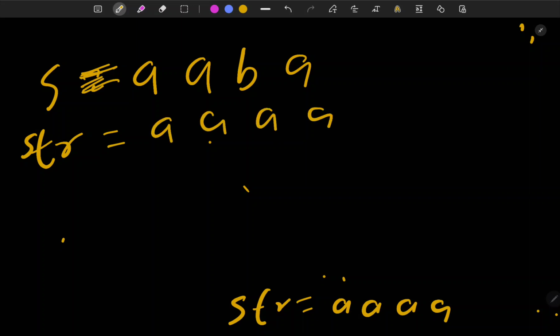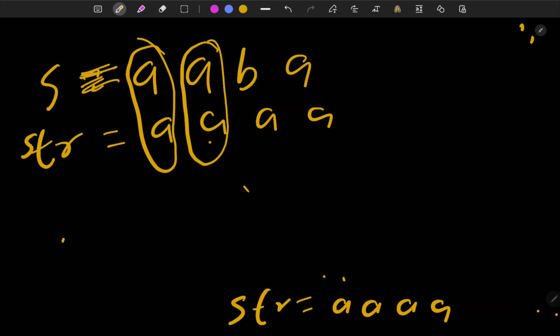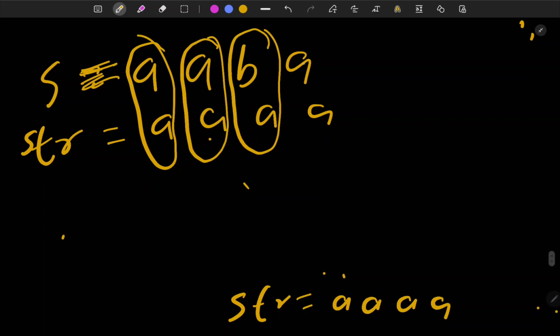AAAA. Okay, and if we compare the string S and str at each and every index, see here it is A, same in both cases. Here it is also A, same in both cases. Here it is different, B and A. So it is applicable, because if you are getting any difference in s and str, it must be at most 1.